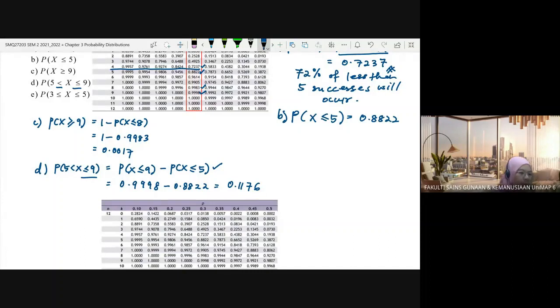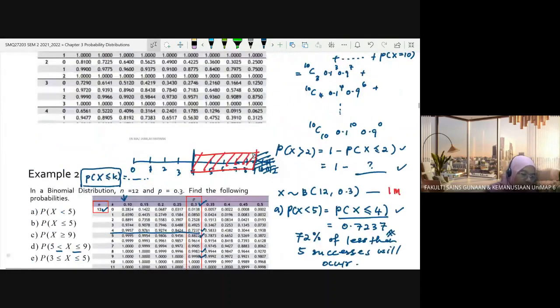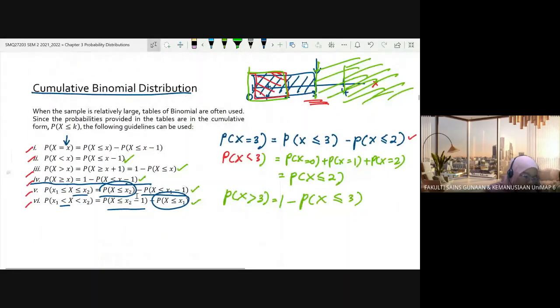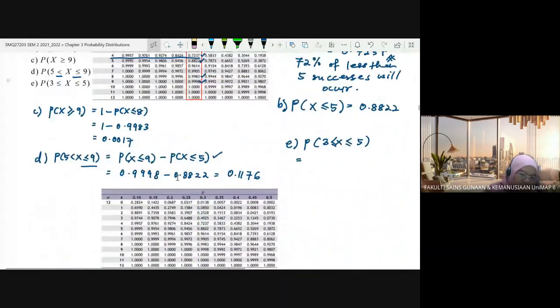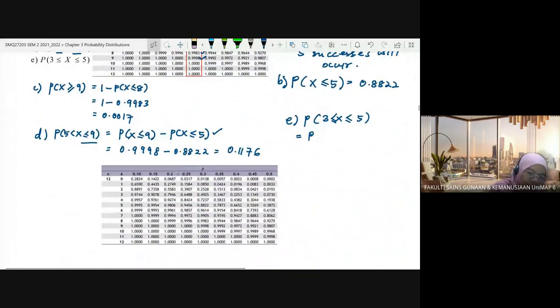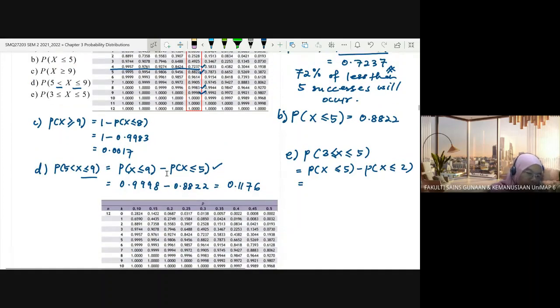Okay. What about number E? P(3 ≤ X ≤ 5). So in this case, if we apply the rule, it will be P(X ≤ 5) minus P(X ≤ 2). Okay, 5 and 2.